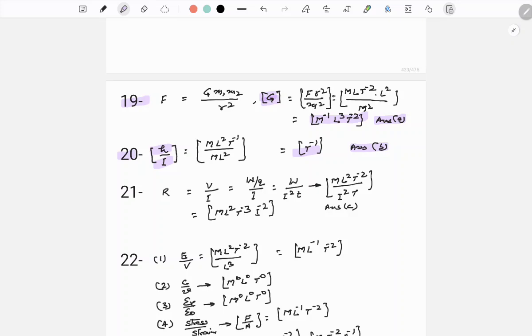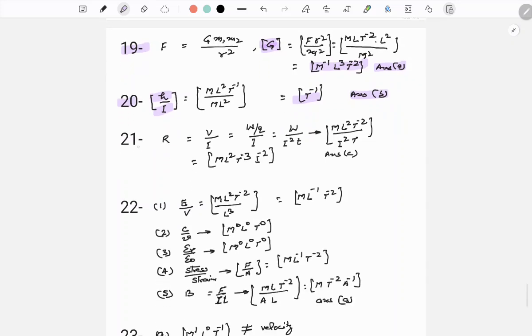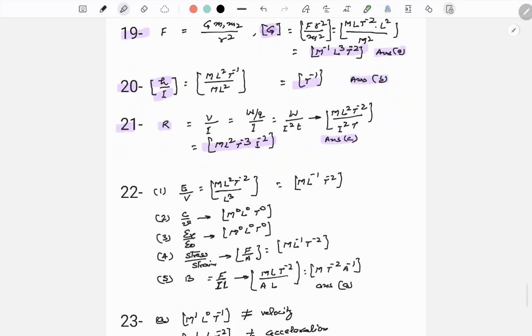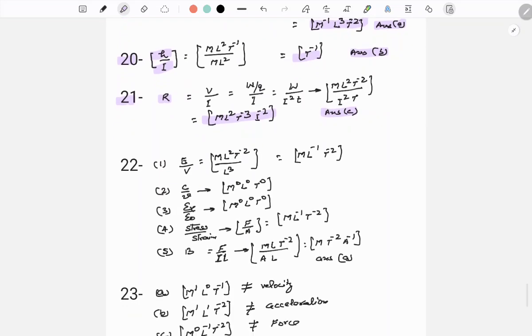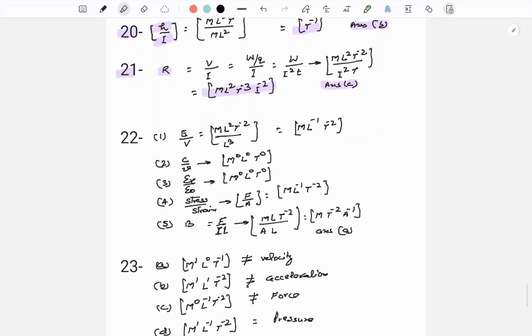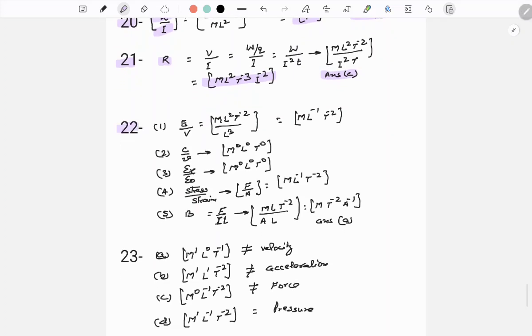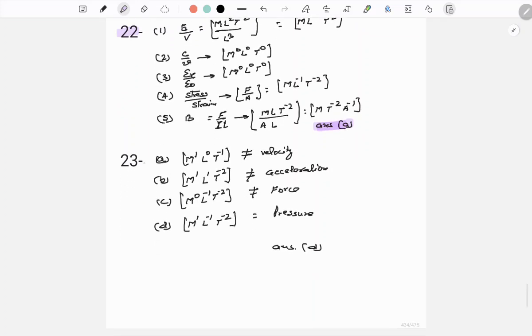Answer is B. Dimensions of R are ML square T to the power minus 3, I to the power minus 2. Answer is C. 22 answer is A. 23 answer is D.